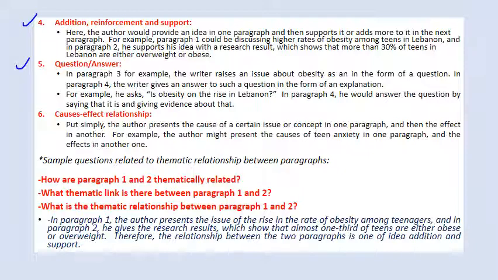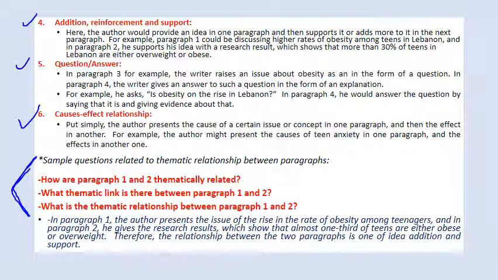Question answer: obviously, in one paragraph the author asks a question and answers it in the next one. Cause effect: needless to say, presenting a cause and then its effect. Sample questions as you see here; read them again so that you know what to expect.